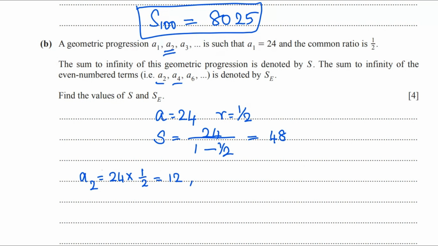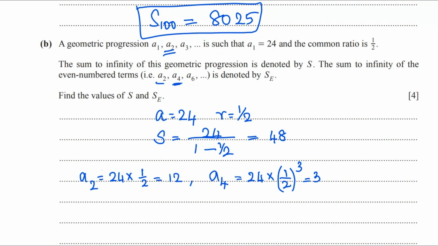Okay. Next a4, which is ar cube. So 24 multiplied by 1 over 2, the whole cube, which is equal to 24 divided by 8. So 3.